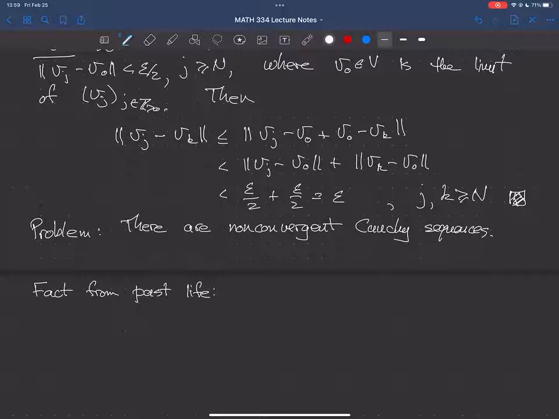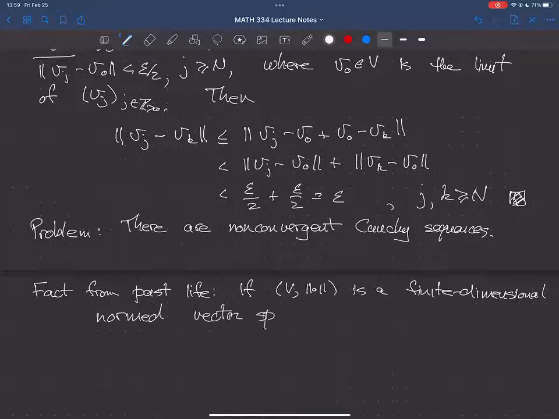But a slightly more general thing is true, and that is this: if V is a finite dimensional normed vector space, then every Cauchy sequence converges.